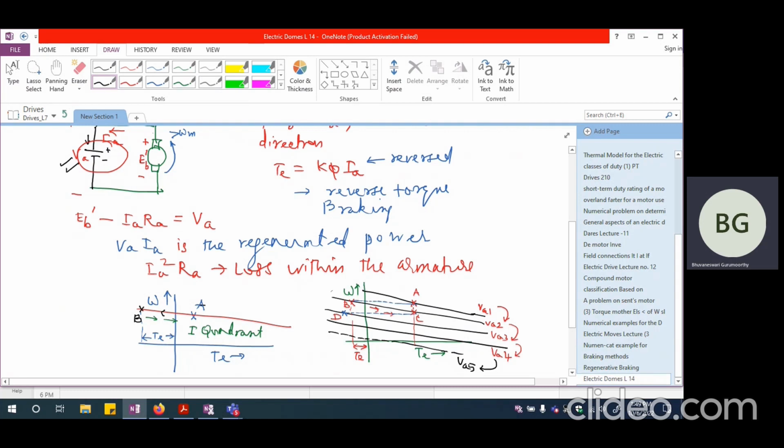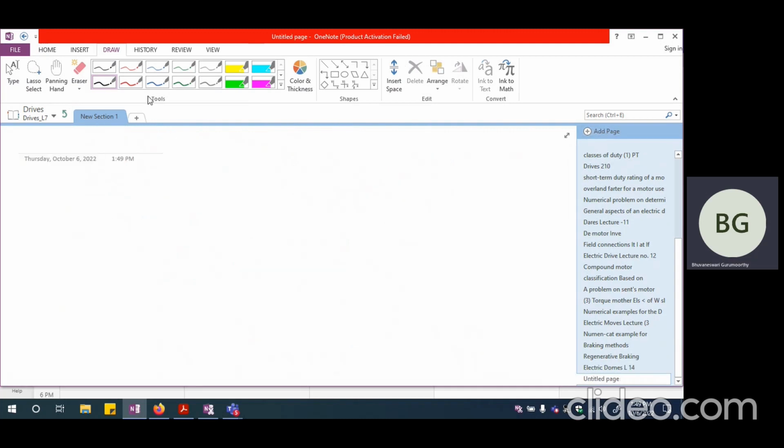Whereas if I am applying a mechanical brake, as I told in the last class, the entire energy is going to be converted into heat, because you are essentially using friction to stop the wheels from rotating any further. So regenerative braking results in a huge amount of energy saving. So this is the case with a separately excited DC motor.